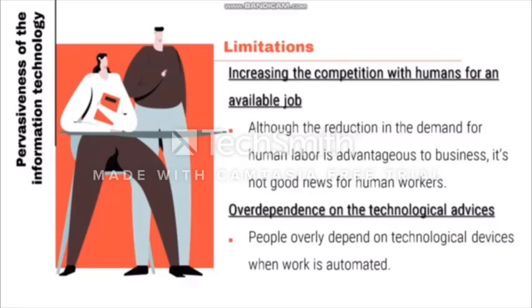Besides that, people overly depend on technological devices when work is automated, and therefore they find it unnecessary to learn how these processes can be done manually. However, these devices can sometimes break down. At that point, production operations are brought to a sudden stop, which can throw your company into a state of panic.